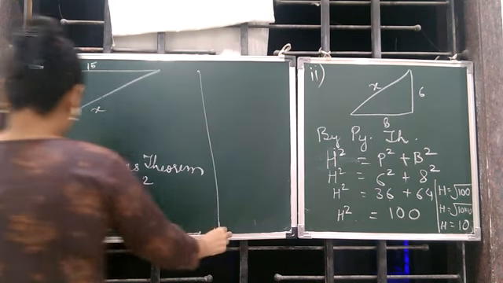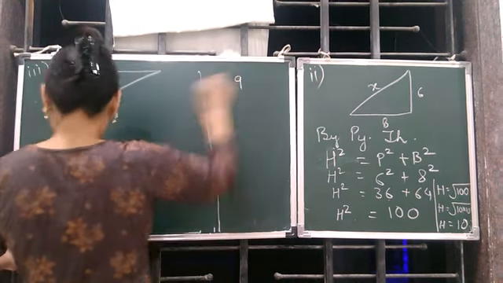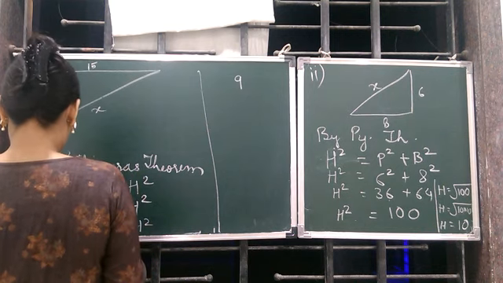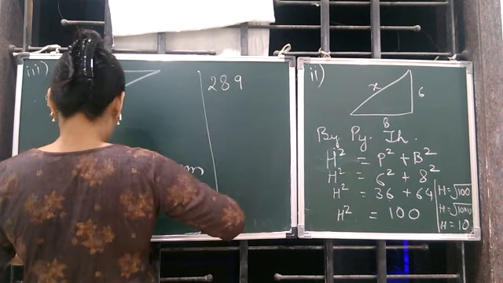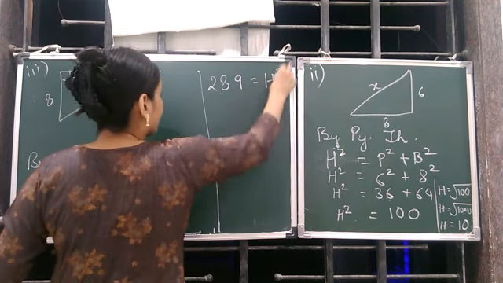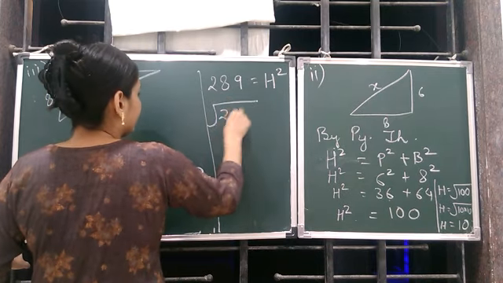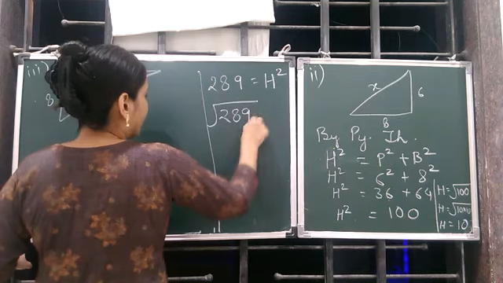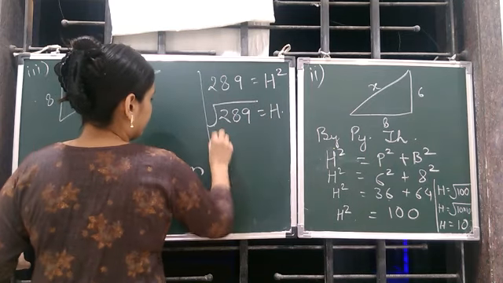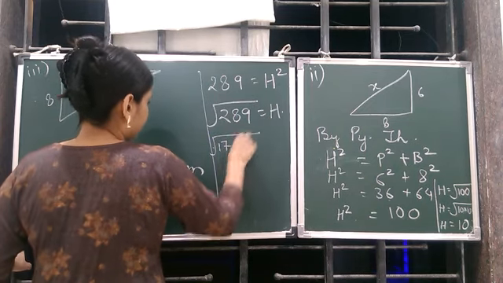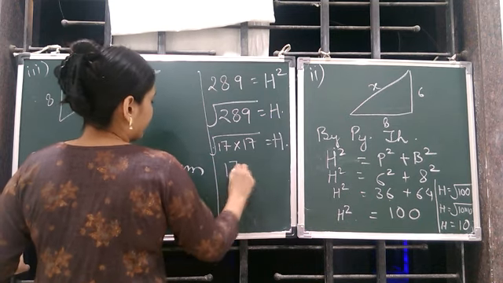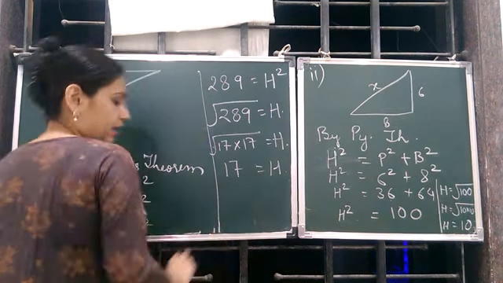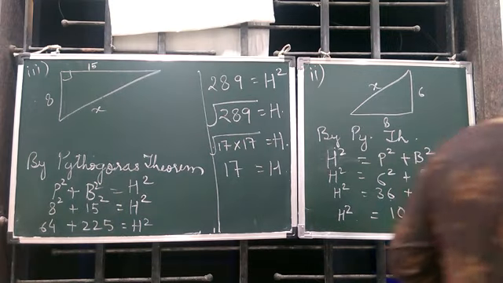Going ahead, 289 is h square. I think 17 squared is 289. Children, please check once. 17 times 17 is 289, so 17 comes out. So what is the answer? The answer is 17.